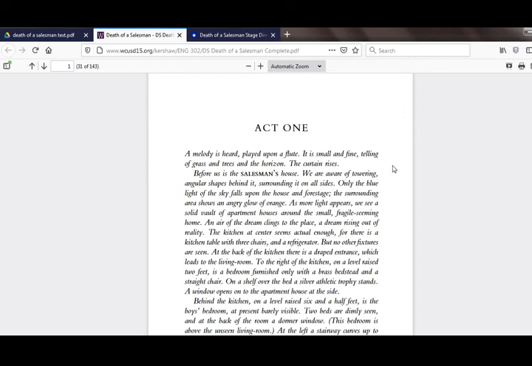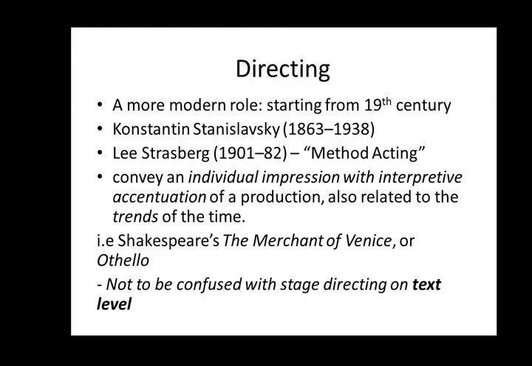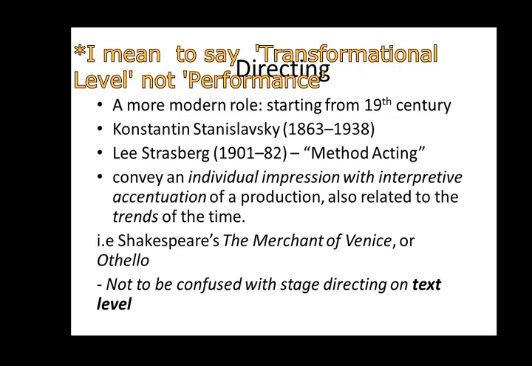This is still on the textual level, because it is written as a text from the author. The transformational level happens when the directors start directing and start to transform the text into later performance. That is a stage direction written on the script, written on the text. This is not the performance level.